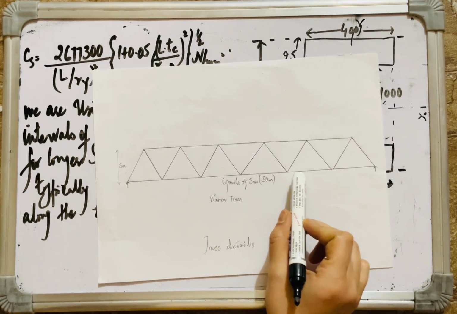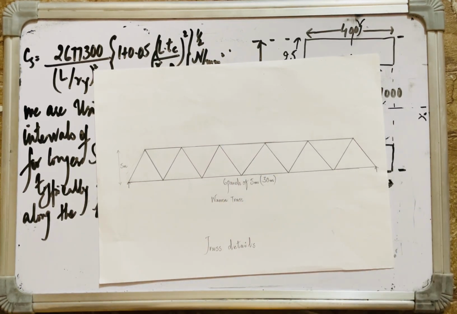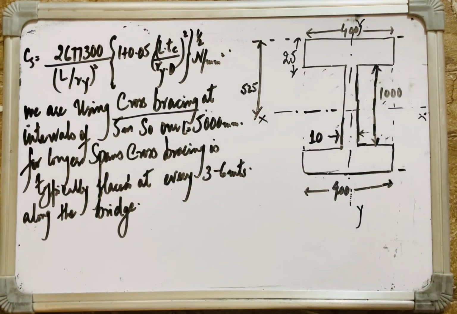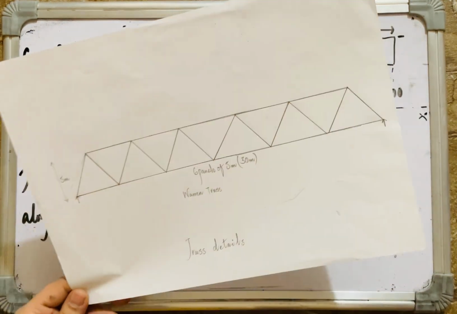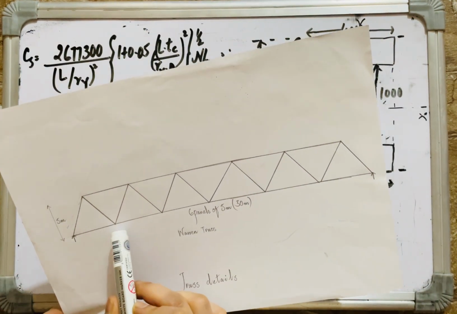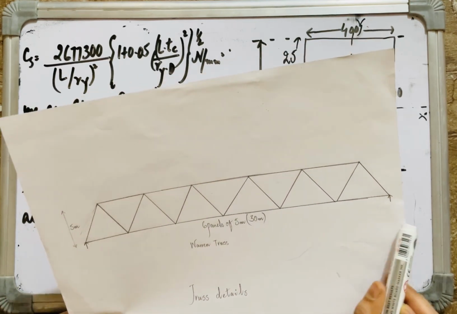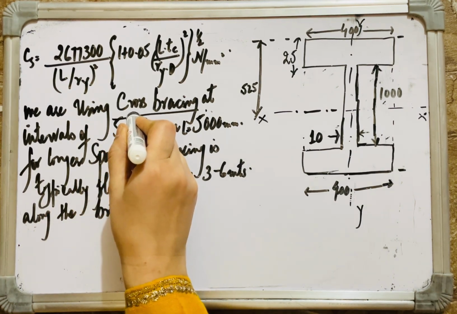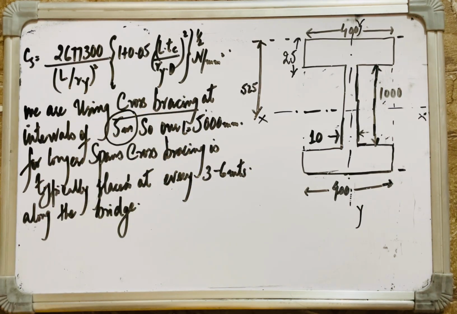The cross bracing for longer spans is typically placed at every 3 to 6 meters along the bridge, and usually at panel points. So every panel point is at 5 meters, and that's why I wrote here that I'll be using cross bracing every 5 meters. So the effective length of the compression flange is 5000 mm.